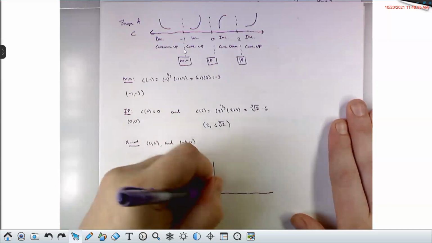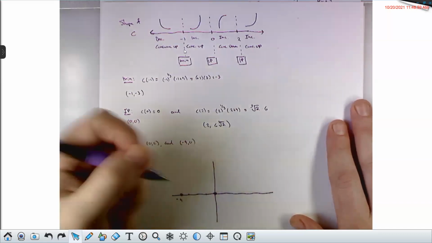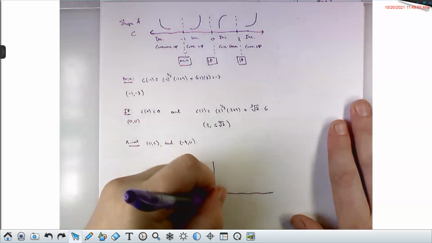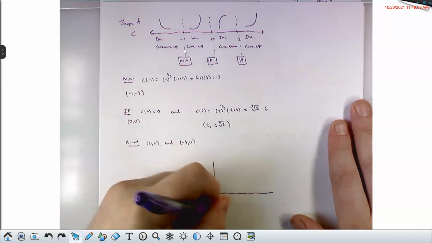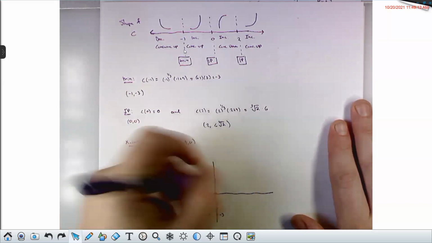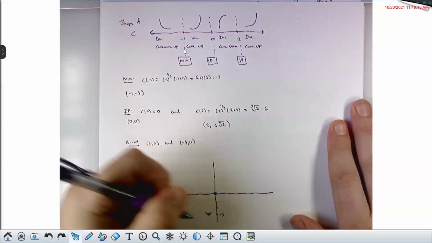Got an x-intercept at 0, 0. That's also an inflection point. We'll deal with that in a minute. I have a min at -1, and that min is -1, comma, -3. So here's that min. I'm drawing my local min behavior there.